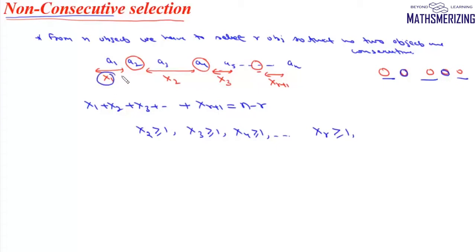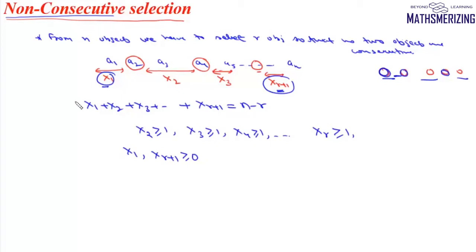What about x1 and x r plus 1? Now the case can be, we have selected the first element and then taken a gap and then we can select say the third or fourth or any other element. So x1 and x r plus 1 can take a value 0. So here x1 and x r plus 1 should be 0 or greater than 0.